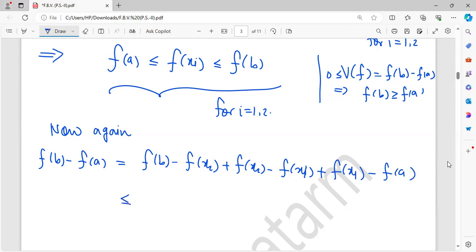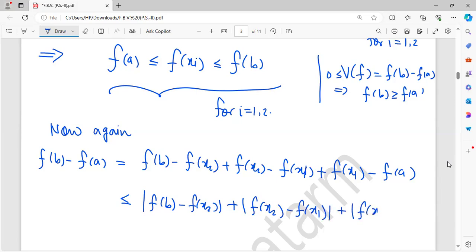Again, using the triangle inequality. But we know that f(x1) lies between f(a) and f(b). Similarly, f(x2) lies between f(a) and f(b). So it means this quantity is non-negative.